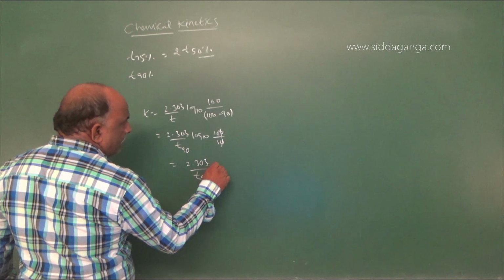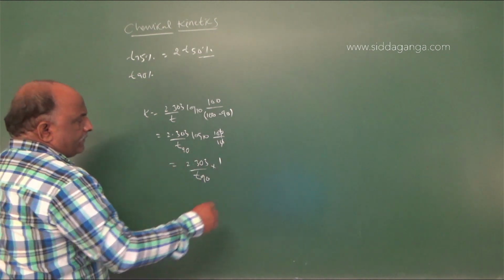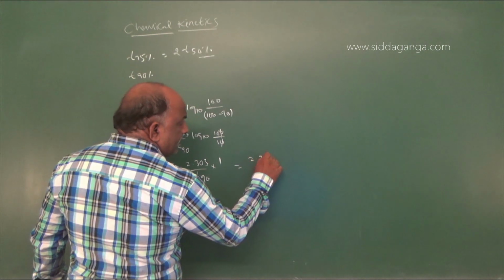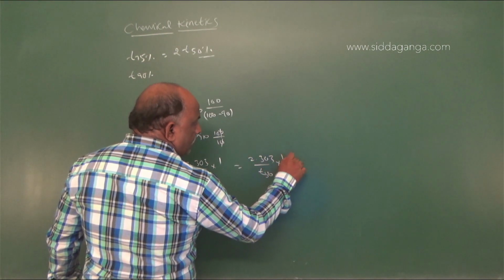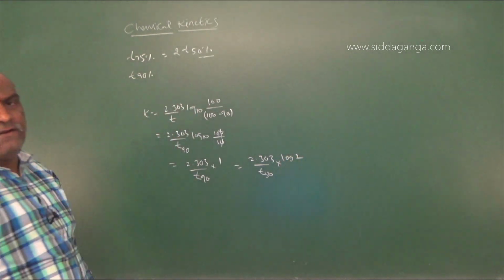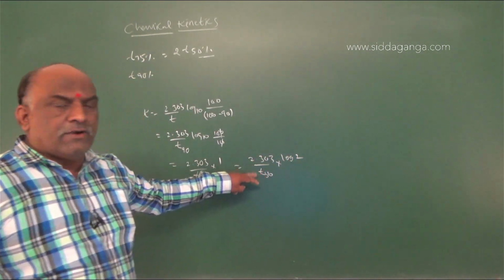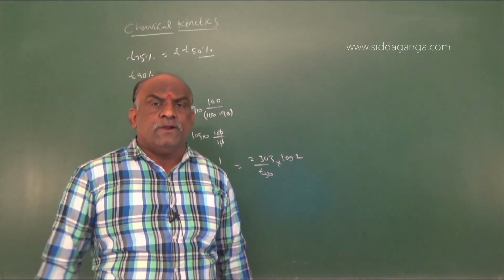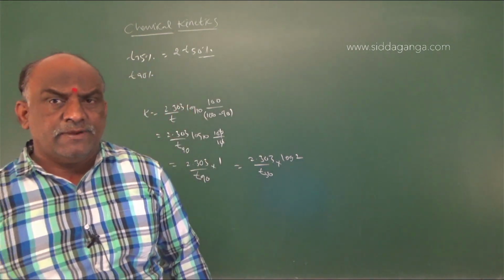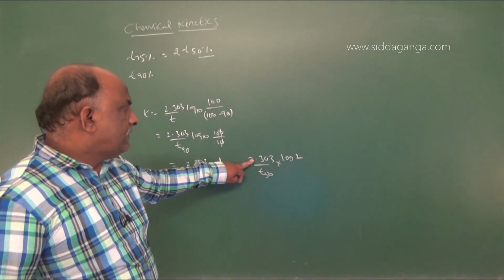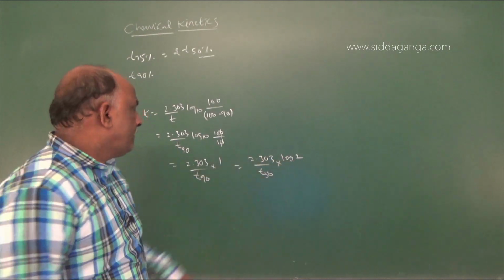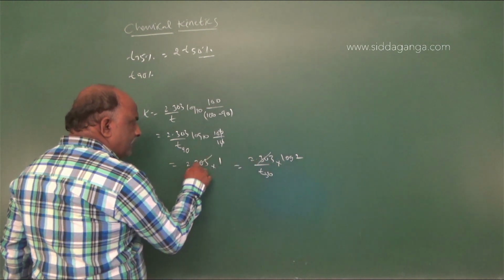T90 into 1 is equal to 2.303 by T50 into log 2, because this is the half-life. What is half-life? 0.693 by T50, or 0.693 we can write as 2.303 into log 2. So 2.303 and 2.303 get cancelled.